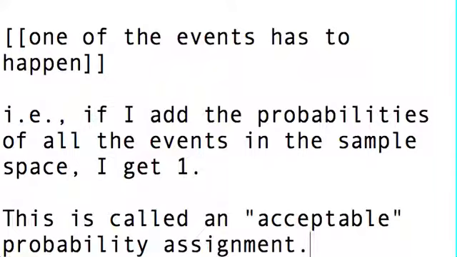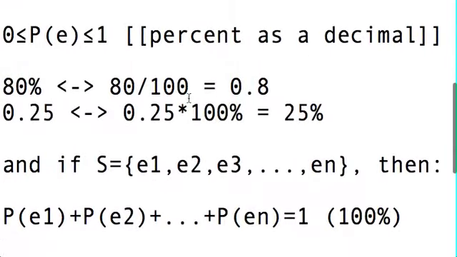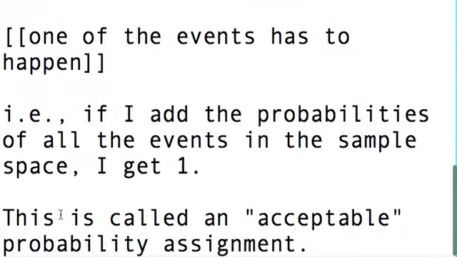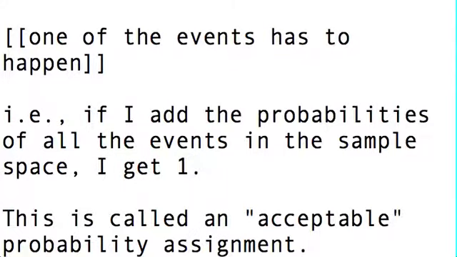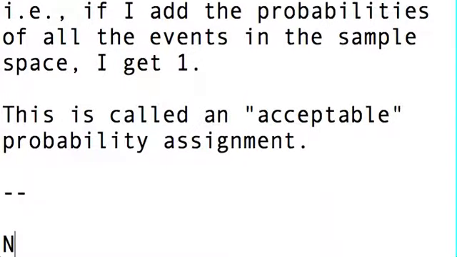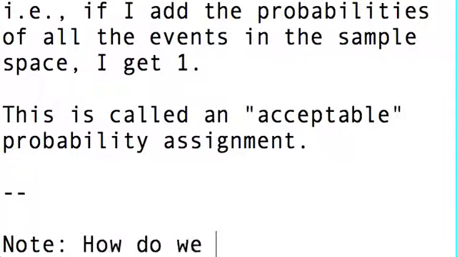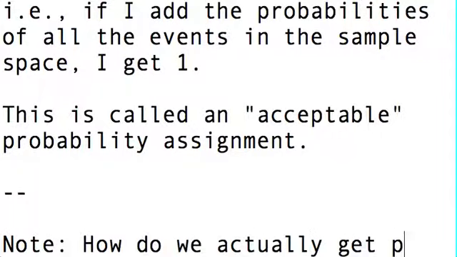All we can say is, just looking at the numbers, does this make sense as a set of probabilities? Yes or no? If it satisfies these conditions, that the probabilities are between 0 and 1, and that the probabilities add up to 1, then yes, this is an acceptable probability assignment.